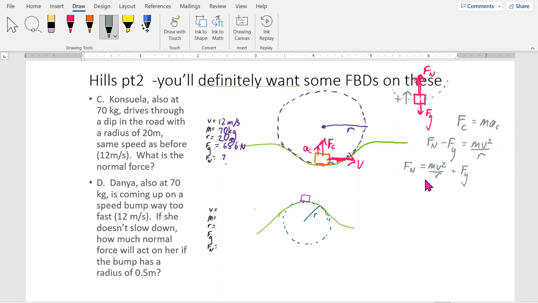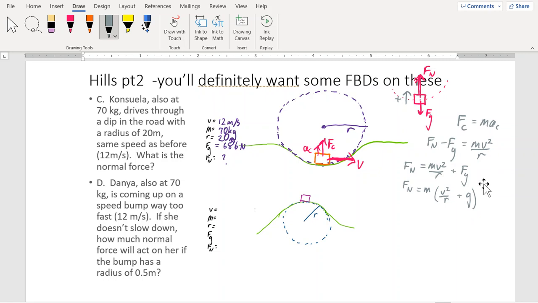If we wanted to solve for the normal force, we can also look at it from the perspective of, if I factor out the m's, I'm just going to do this for a moment. That's going to be v squared over r, which is centripetal acceleration, plus g, because gravitational force is m times g.